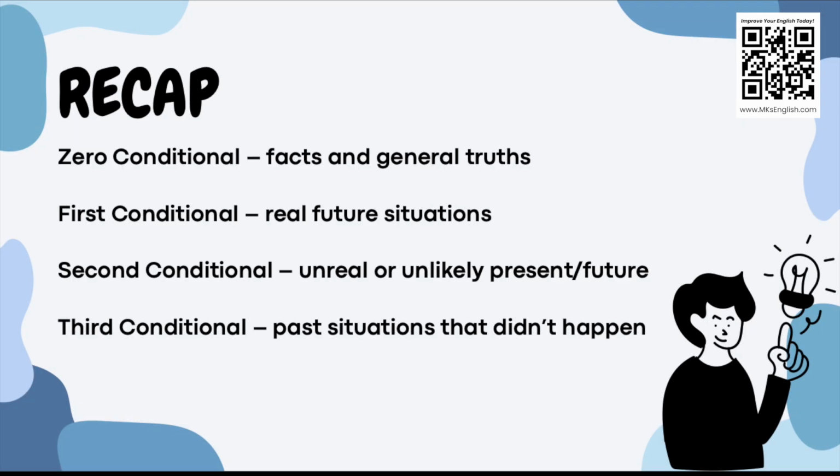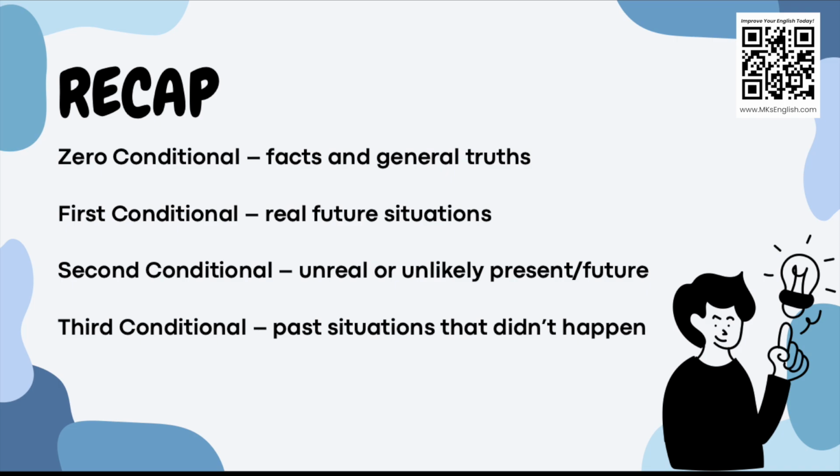So let's do a quick recap. Zero conditional is for facts and things that are true. For example, if you heat water, it boils. First conditional is for real future situations. If it rains, I'll stay home.